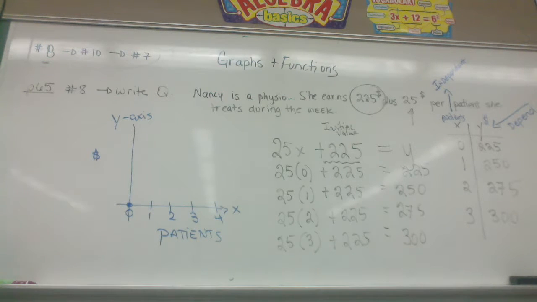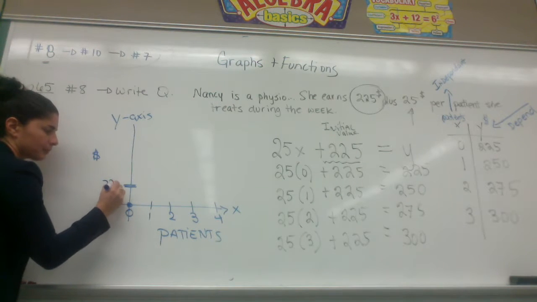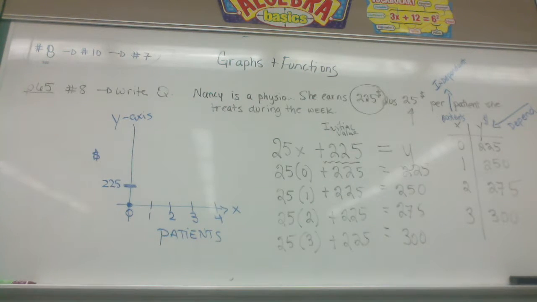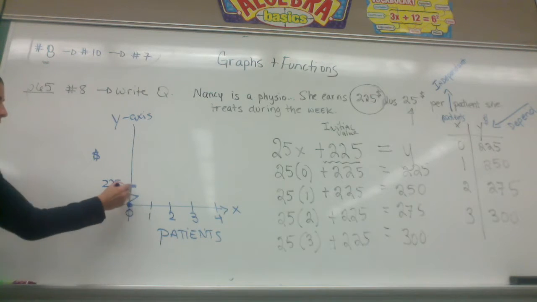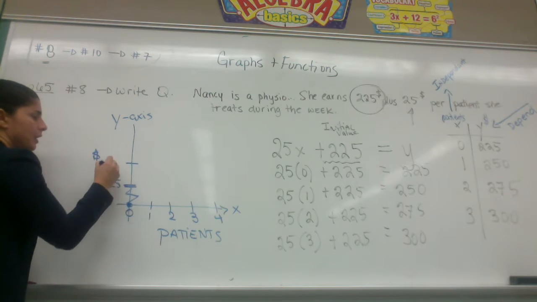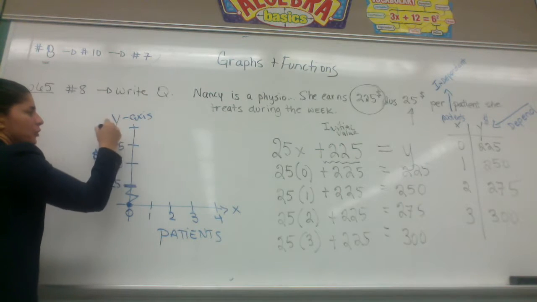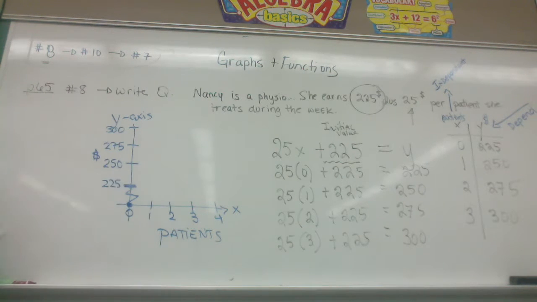So I suggest that we start at $225. And then go up, so you're going to do like a little break. And then we'll go up by, look, in this case, I would go up by 25s. So I would go 225, I would go 250, I would do 275, 300 in this situation.